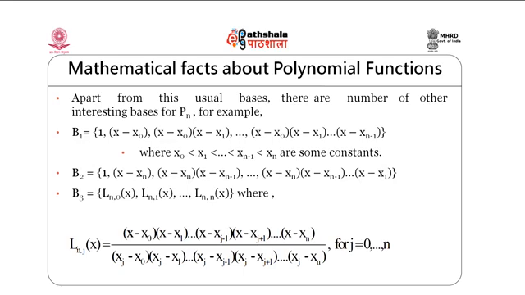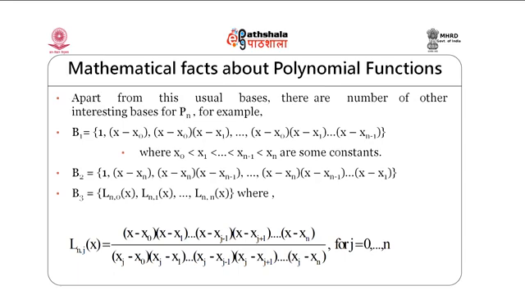A very special basis is B 3, which is given by L n 0 x, L n 1 x, up to L n n x, where L n j x, because n is fixed here, n is the degree, since we are taking all polynomials of degree at most n. So, n is fixed here, and j will change the function.